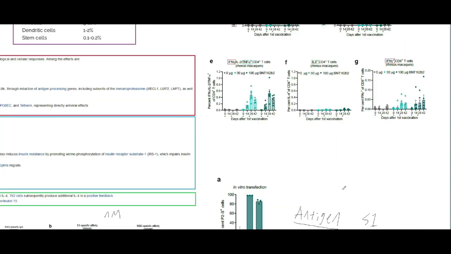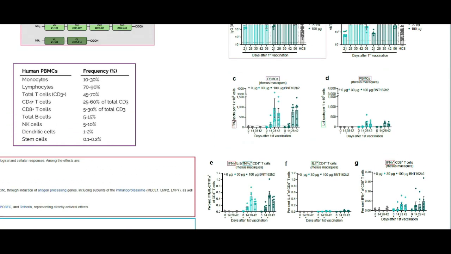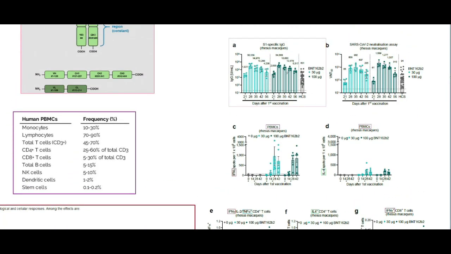Okay, then up here, once again, this is still from that same paper. These ones right here. So we have our S1 specific IgG. This is just the levels of IgG in the days after the first vaccination. So this on the left here is with a 30 microgram vaccination. This over here is with a 100 microgram vaccination.